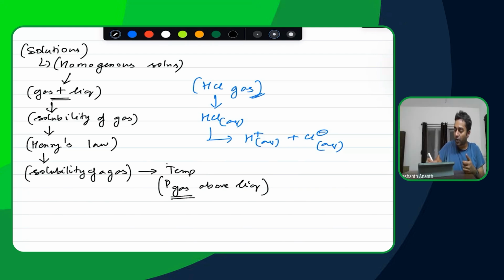And temperature wise, what is the case? Higher the temperature, lesser the solubility. Very simply put, gas molecules have more energy when you increase temperature, so it is harder to push them inside.